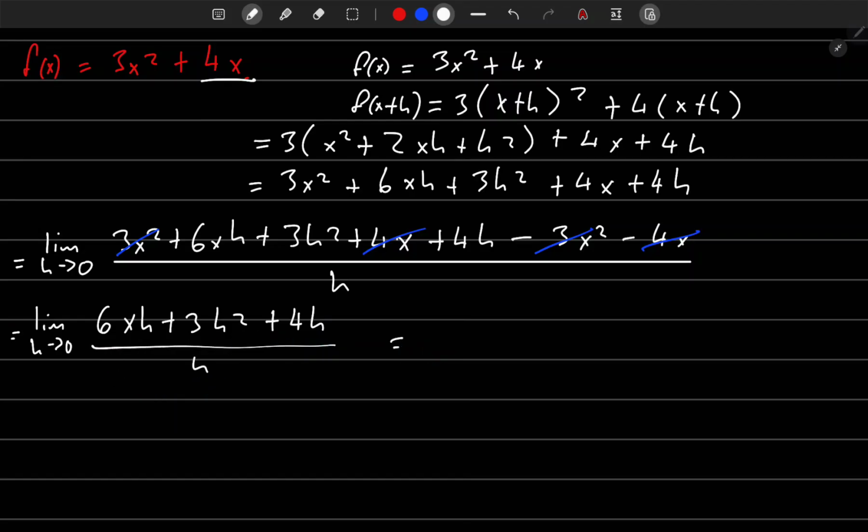And what's beautiful about this is that we can factor out h because all the terms have an h in them. Without the h, this is 6x plus 3h, one of the h's falls away, plus 4. And then the h will cancel because we're dividing h over h.